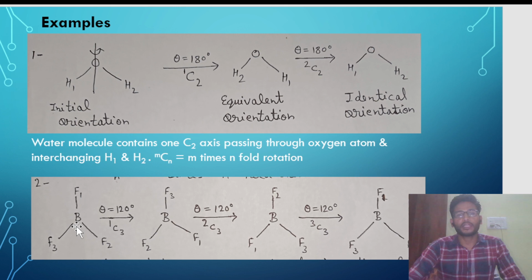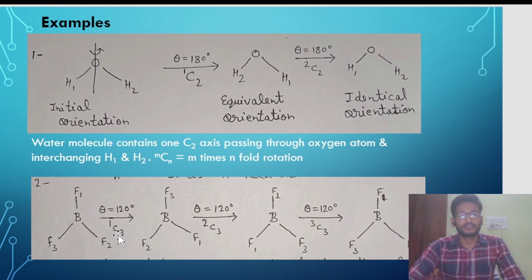Second example is BF3. The BF3 molecule contains one C3 axis passing through the boron atom and perpendicular to the triangular plane, interchanging the fluorine atoms F1, F2, F3 with each other.